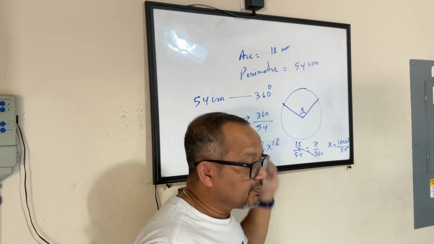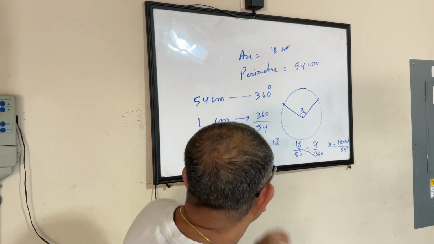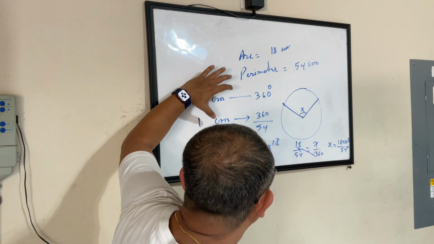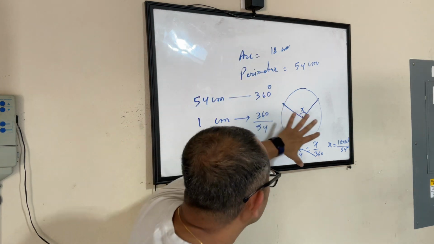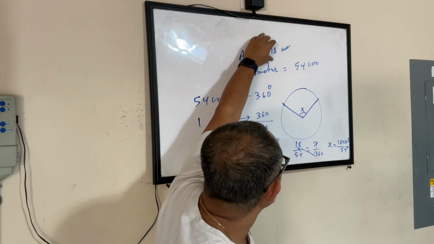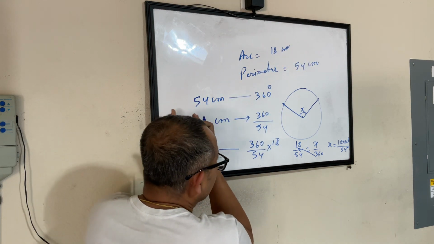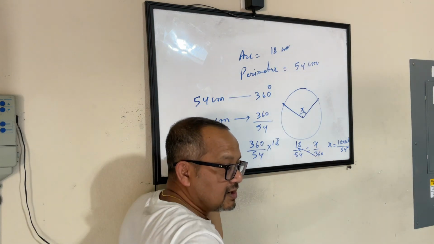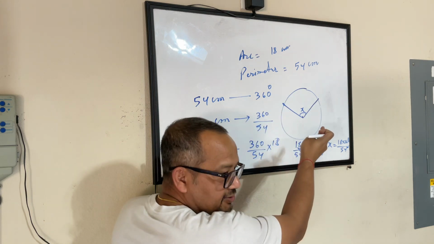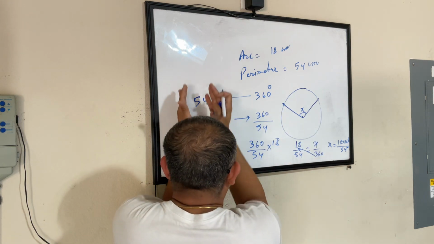Why I took this approach was this way. See, I have to find out what? I have to find out the angle. What is known is the arc length and the perimeter. So whatever is to be found out, I will keep on the right hand side. Whatever is known, I will keep on this side.